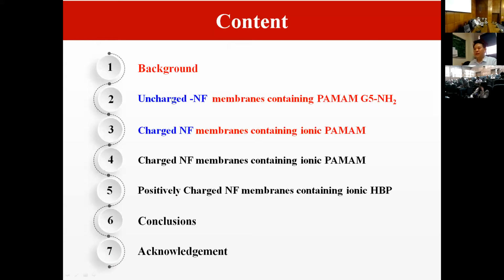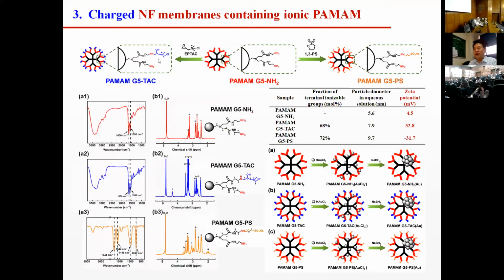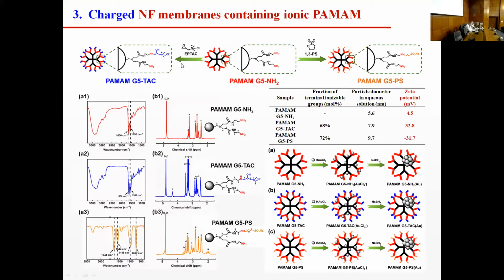In our work, we start from the amino-based PAMAM, so we can convert the outer amino groups to different charged states. For example, this is the cationic state, and this is the anionic state. So it's very easy to convert the PAMAM to different charged states.